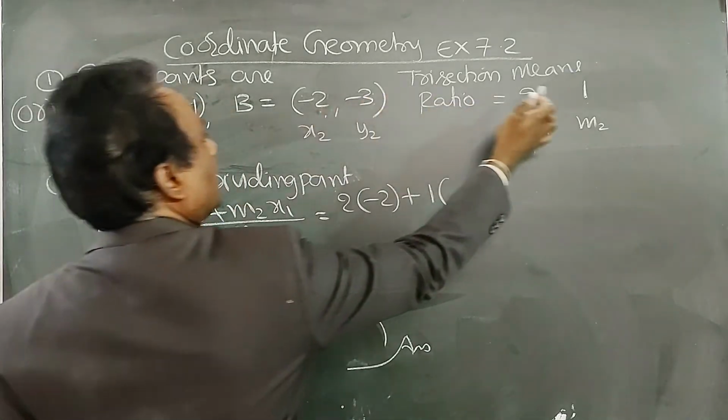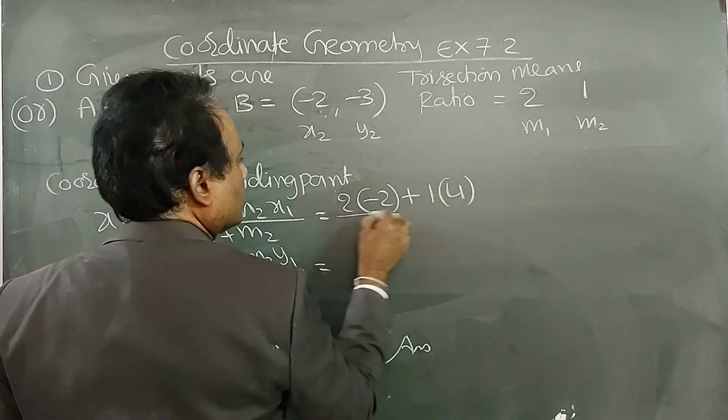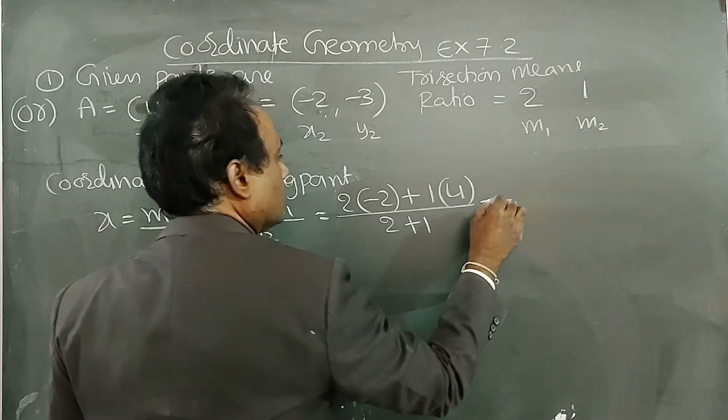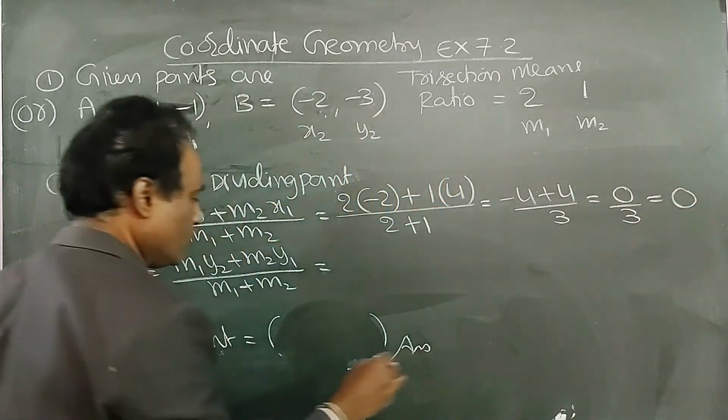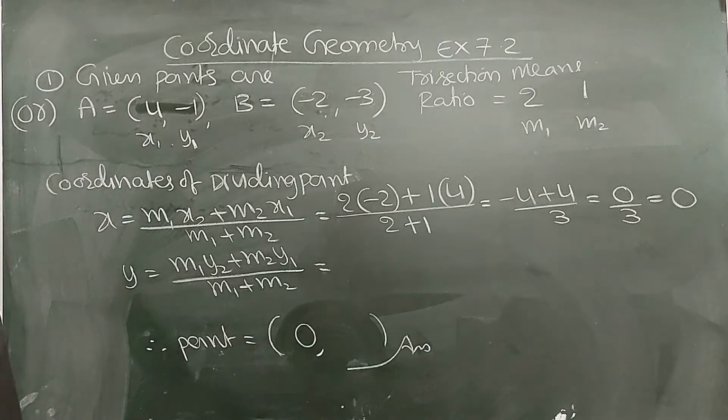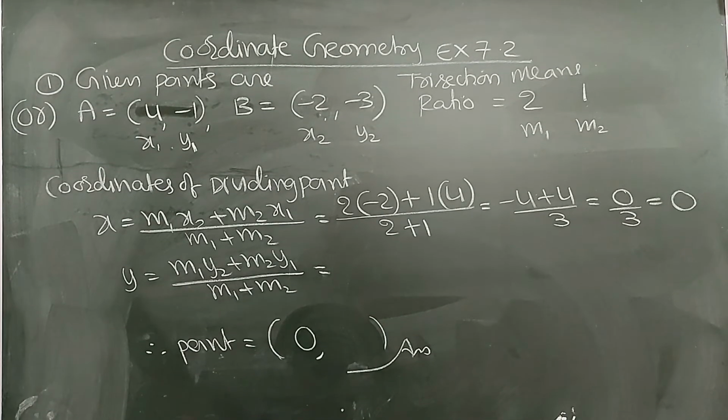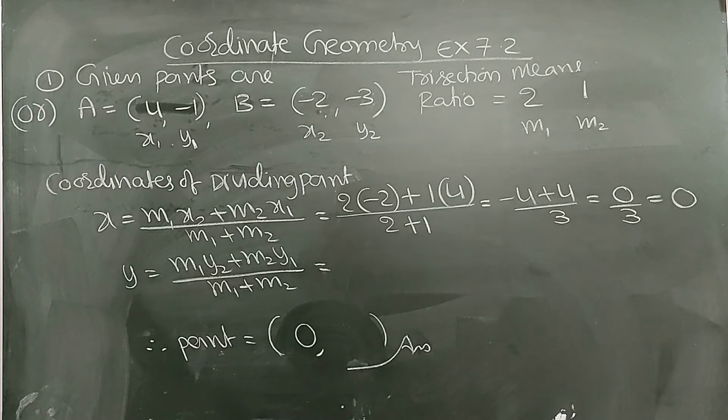M1 x2, M2 x1. Zero, first coordinate. Substitute x1, m1, m2, y1, y2 all values in the second formula and do it.